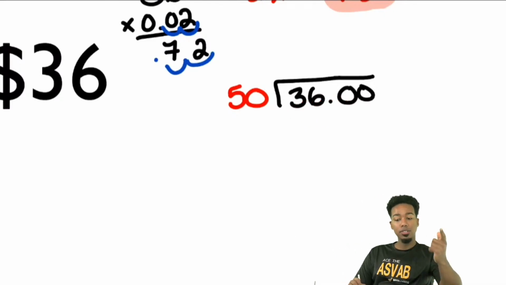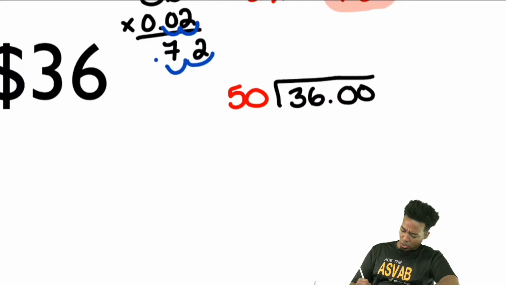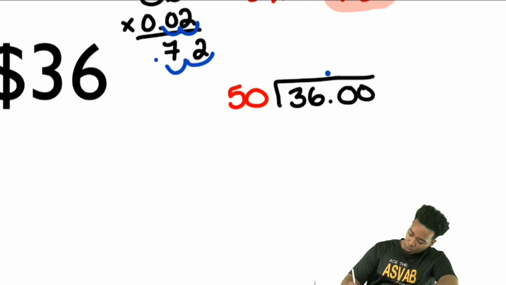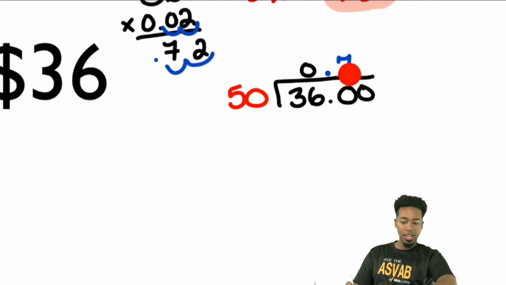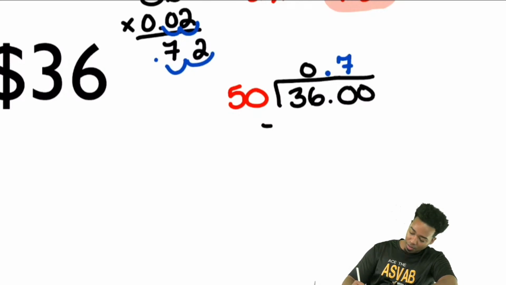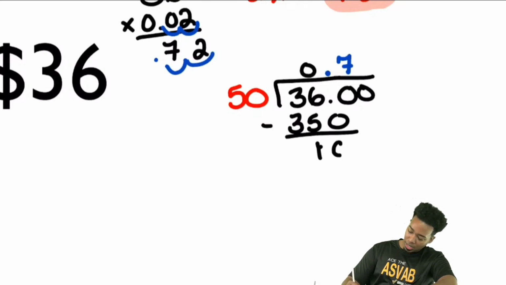That's going to be correct, 7. So we'll plug 7 right here after the decimal place. Because it doesn't go into 3, doesn't go into 36, those are going to be zeros there. But then it goes into 360 7 times. So 50 times 7 is 350. That's going to be 10 left over.